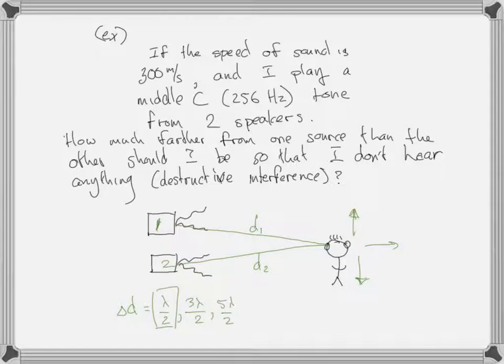So what is the wavelength of sound? Well, we do need to know a little bit about waves, and I'm hoping you already knew the relationship between the speed of a wave, the frequency of the wave, and the wavelength of the wave. Those three things are related by c equals f lambda.